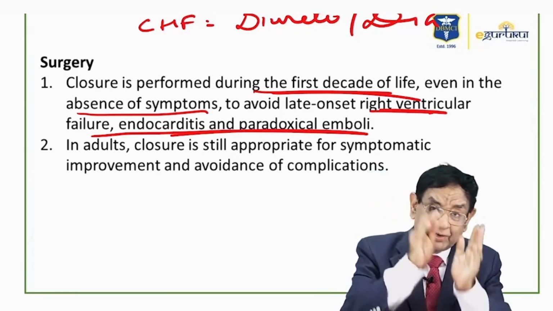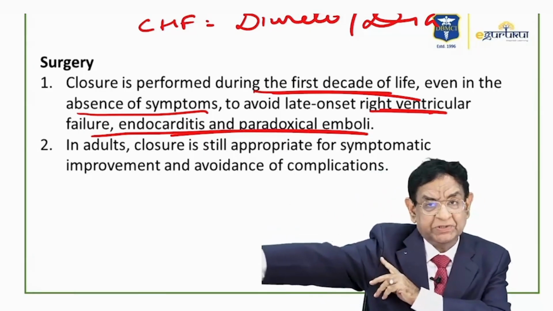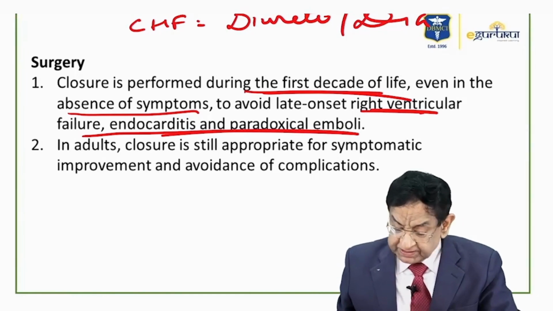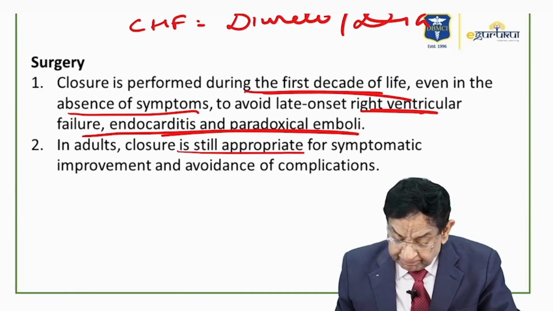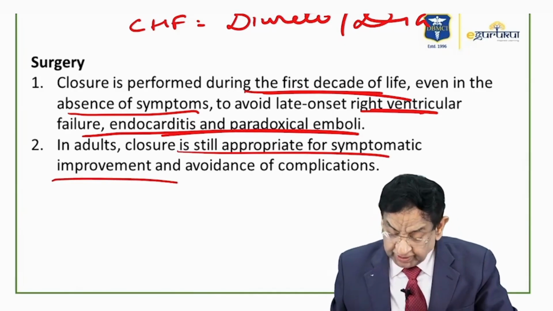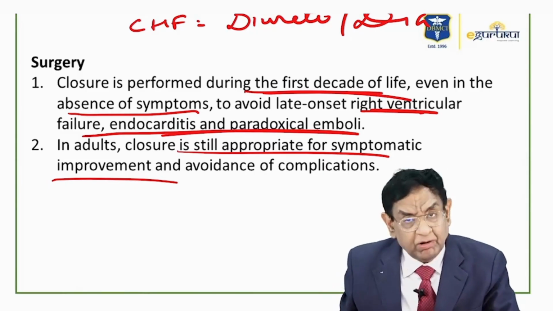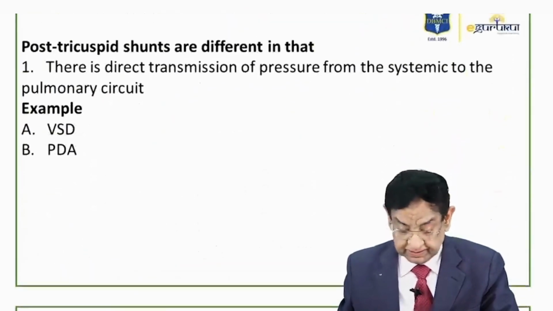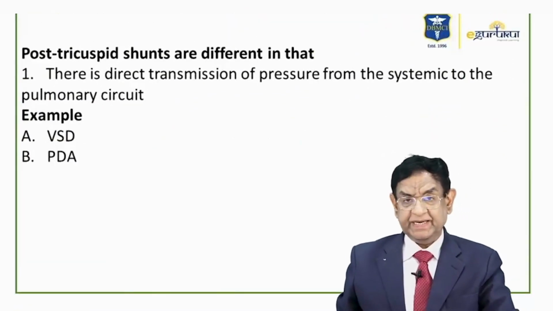Remember, here we are curing to prevent the complications. Agreed? And in adults, even if the patient has symptoms, you have to do it by all means to avoid the complications. So we are clear about ASD.